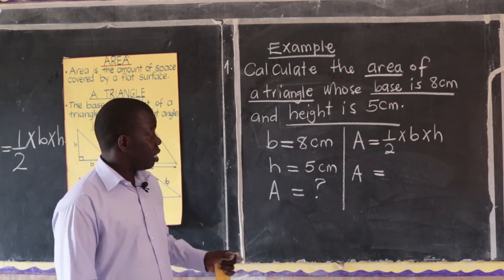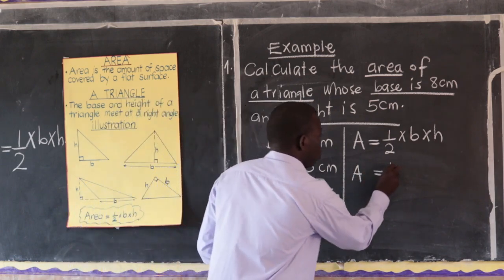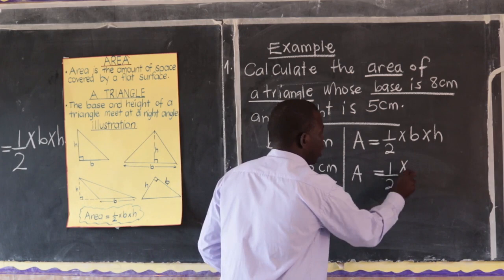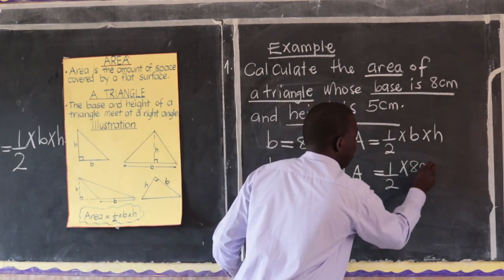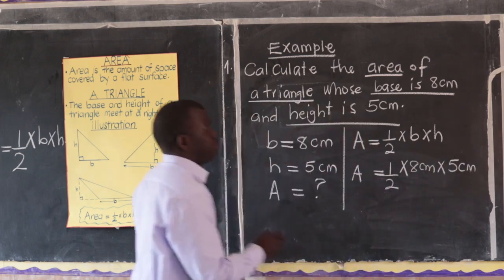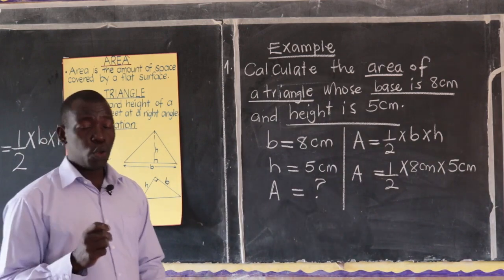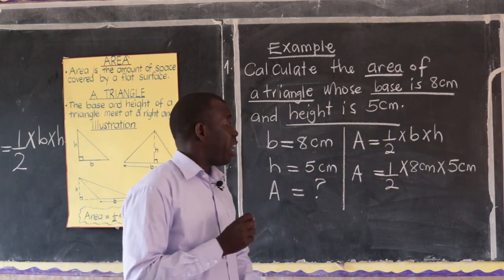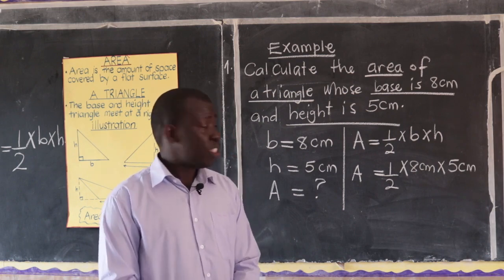So dear children, learn to substitute correctly. So here, say a half times, what is our base? 8 centimeters, that's good. And then the height is 5 centimeters. Now, in that step, I do not want you to go ahead. We know you are supposed to divide, that is, you are supposed to cancel those that can be cancelled.